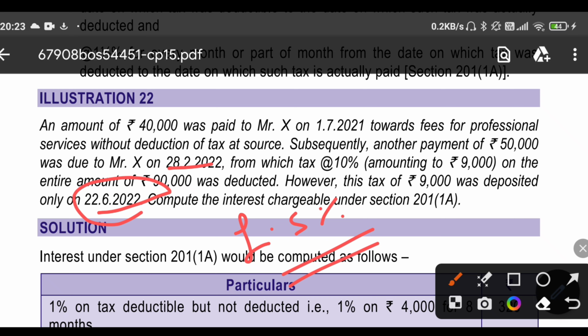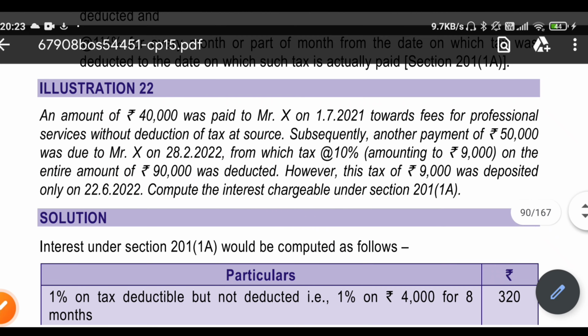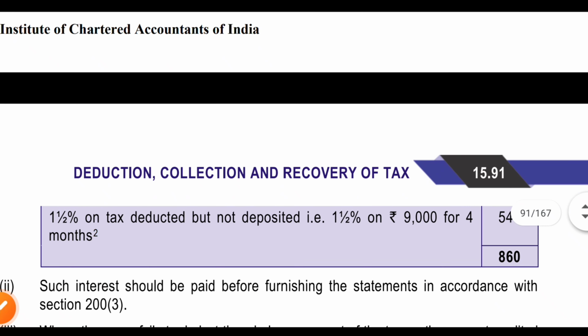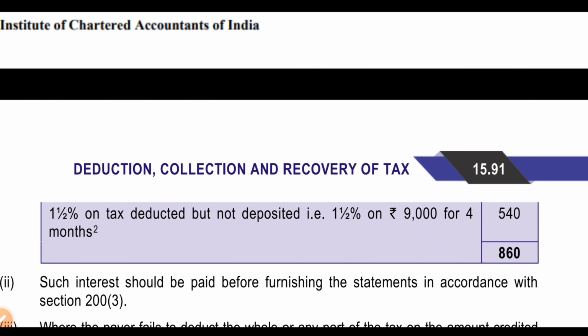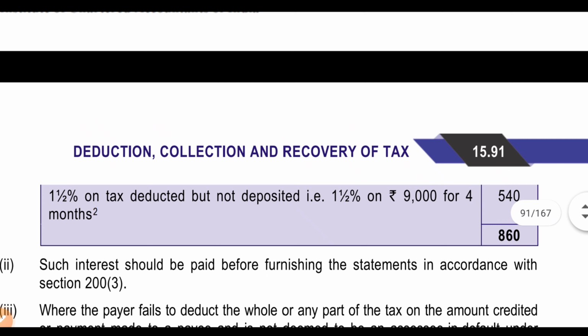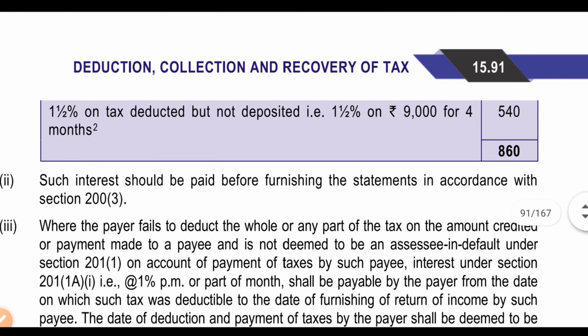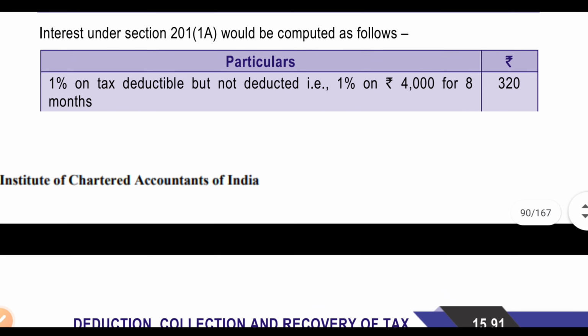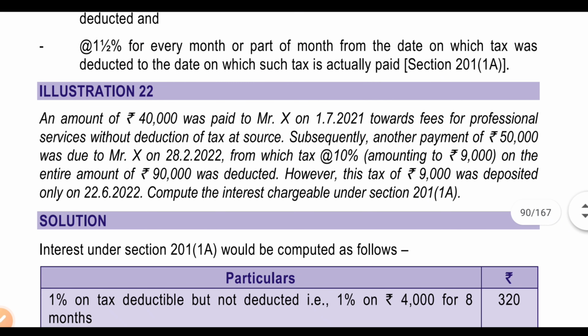So total 4 months or part of the month. So how much TDS? 90,000 into 10% into 1.5% into 4 months. So 540 will be the interest on delaying the tax deposit. Okay, 540. Total interest will be 860. So this is the interest under section 201(1A).